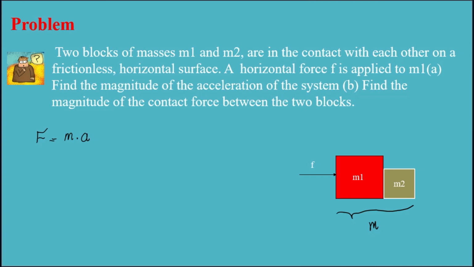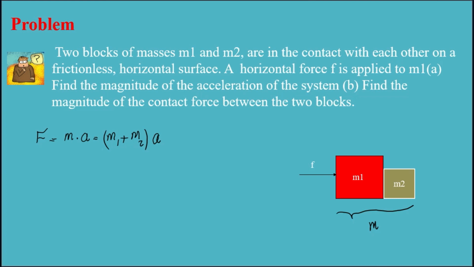My m here is m1 plus m2, because if I move the box, they both move together. So that's m1 plus m2 times a, where a is the acceleration of the system, the acceleration of m1 and m2 together, not separately.